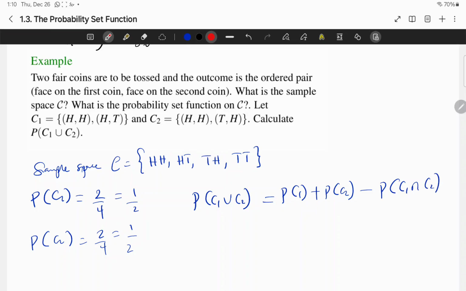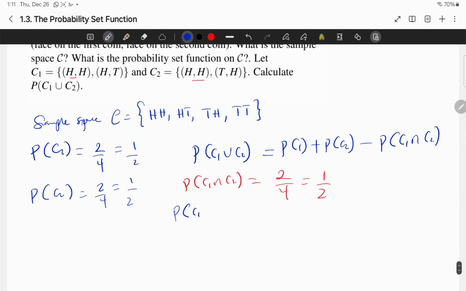So we need to first find the intersection. The probability of C1 intersect C2, what they have in common is head head only, and that is 1/4. So then the probability of C1 union C2 equals the probability of C1, that is half, plus C2, half, minus the intersection. So we have three quarters as our result.